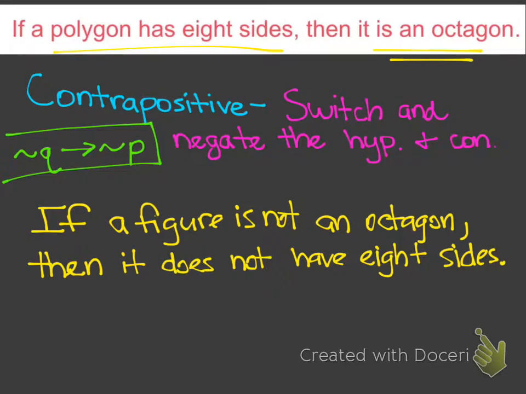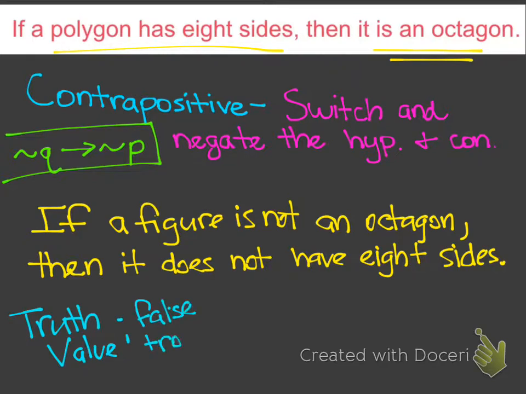Okay. One last thing that we'll also be doing with these is determining the truth value of these statements. The truth value. That is, is the statement true or is it false? And we have to look at each and every statement to determine that. So just because the conditional is true doesn't mean that the converse, inverse, and contrapositive will be true.